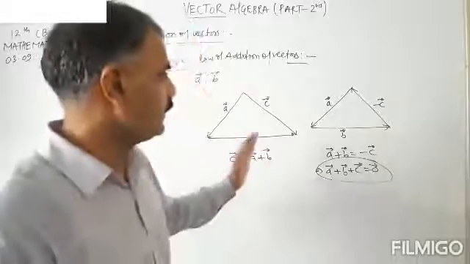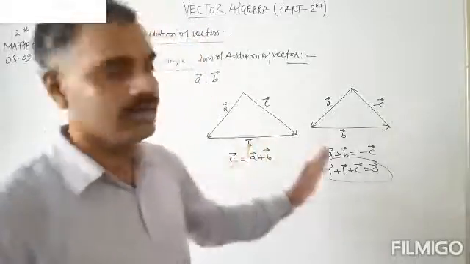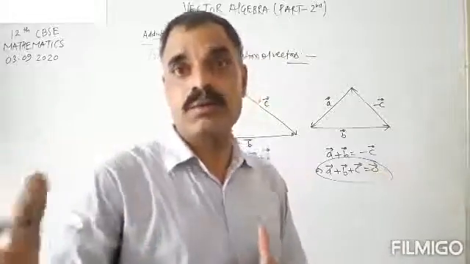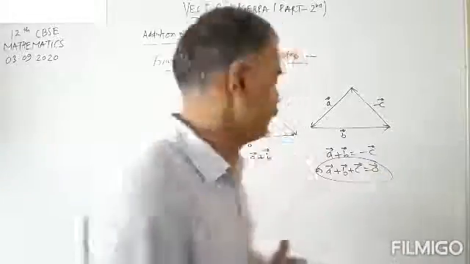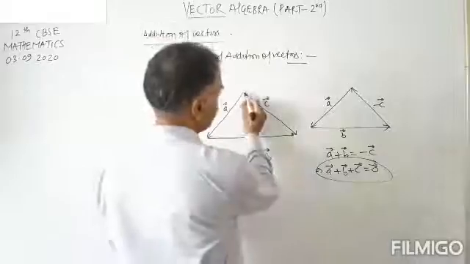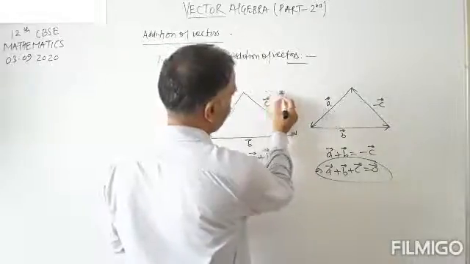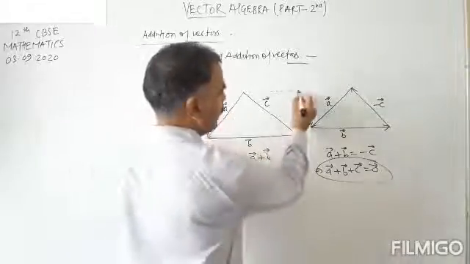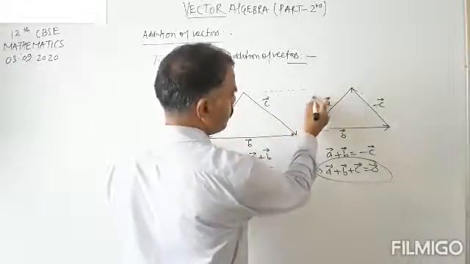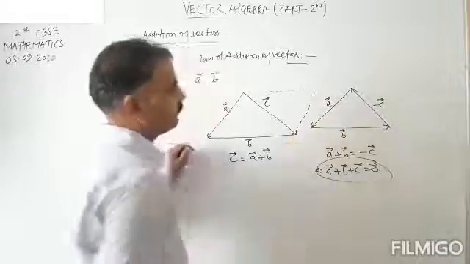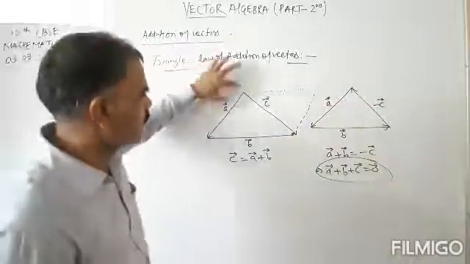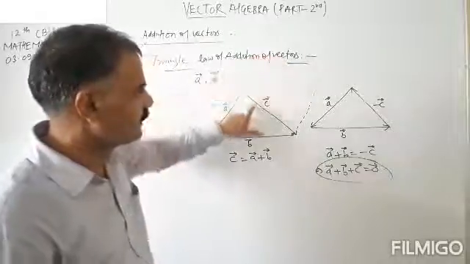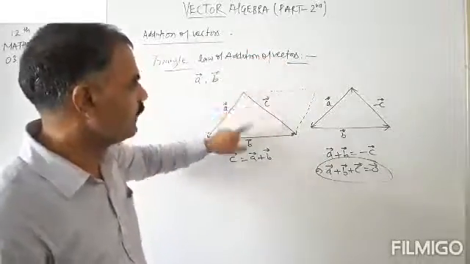As the triangle law is also representing the parallelogram law of addition of vectors. Why? Let us draw a parallelogram using A vector and B vector as sides. So this is a parallelogram. Now this side and this side are the adjacent sides, and this is the diagonal with the same initial point.